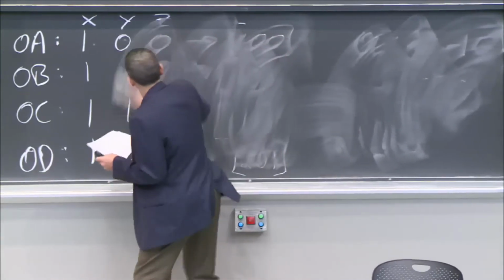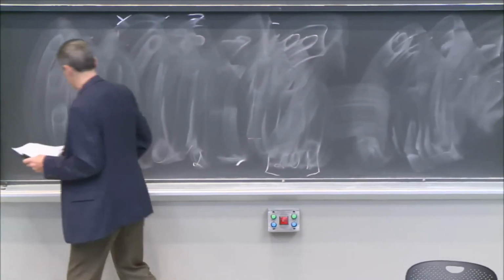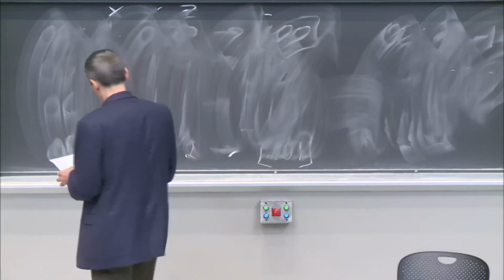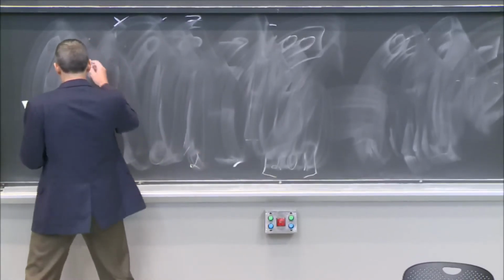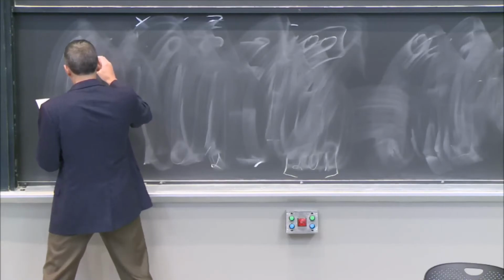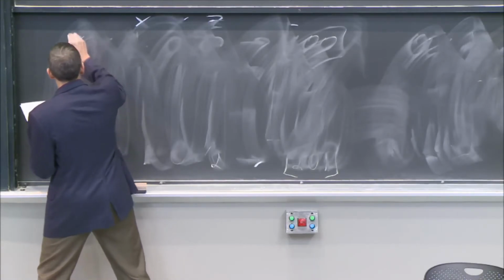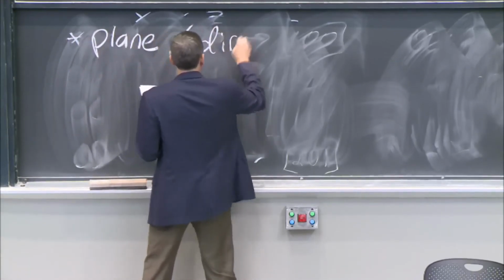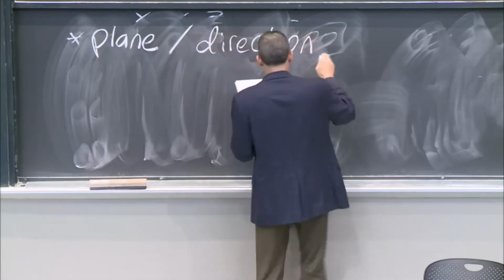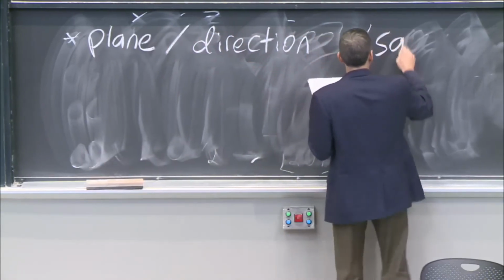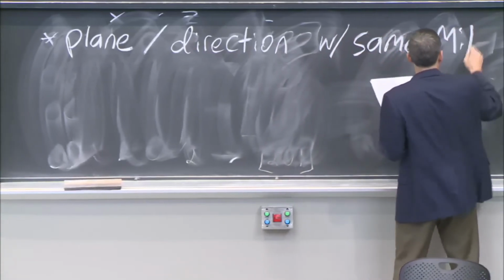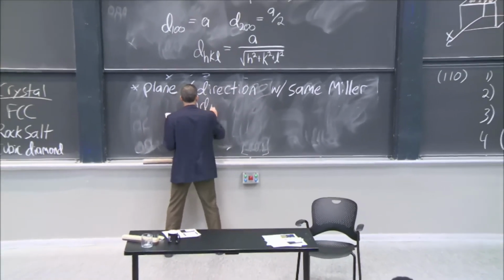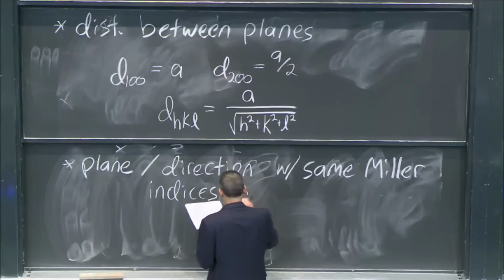And the other thing that becomes fairly self-evident when you play around with this a little bit, and that was on the slide before, is that the plane and the direction with the same Miller indices are orthogonal.